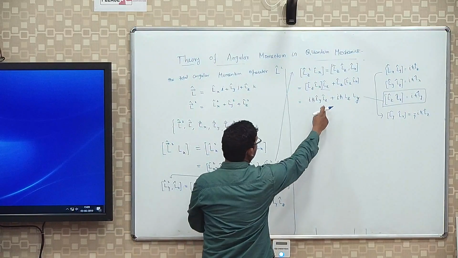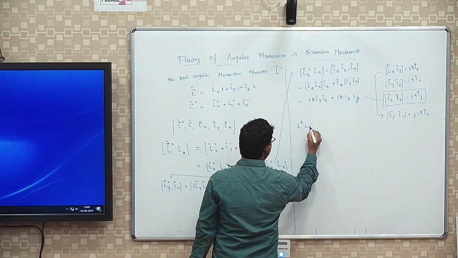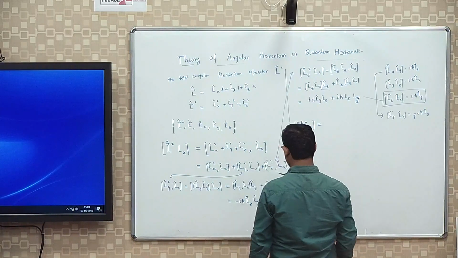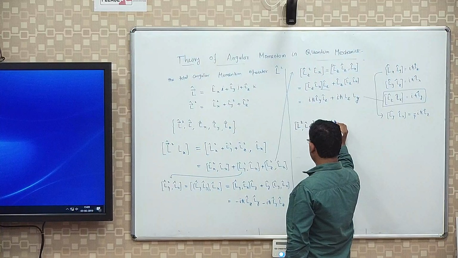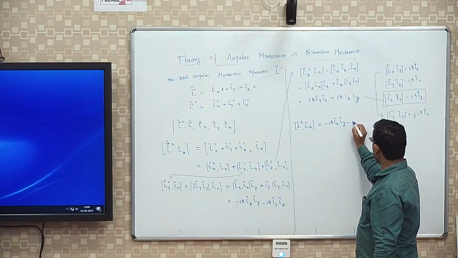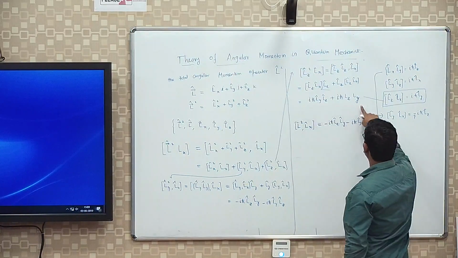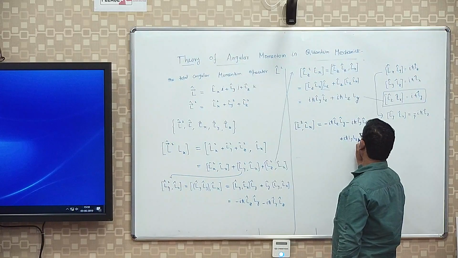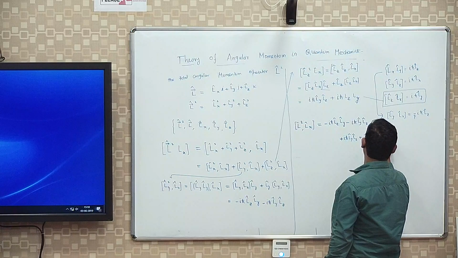Adding these two terms here, L² Lx is nothing but minus iħ Lz Ly, this term, again minus iħ Ly Lz, then you add it to this term, plus iħ Ly Lz plus iħ Lz Ly.